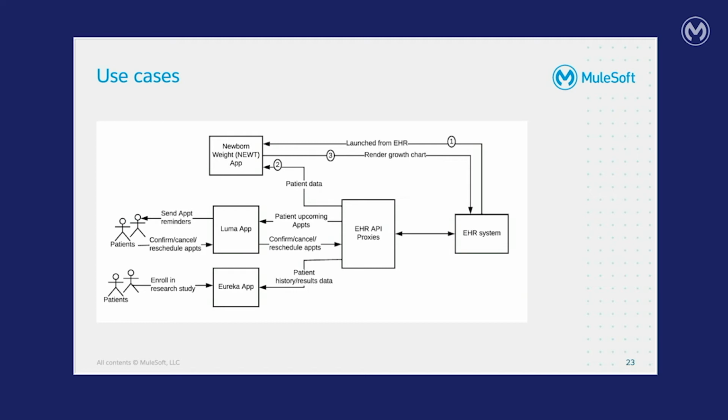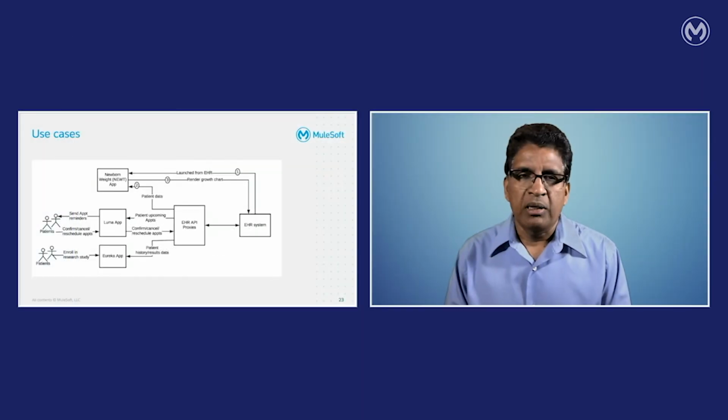It's pulled through the APIs. Then it renders a growth chart to the provider on the EHR system so they can see the growth chart of the baby and make the decision and see whether they need to take any treatment. It's an informed decision that the provider can make at the point of care. So this is a SMART on FHIR app launched from the EHR system.